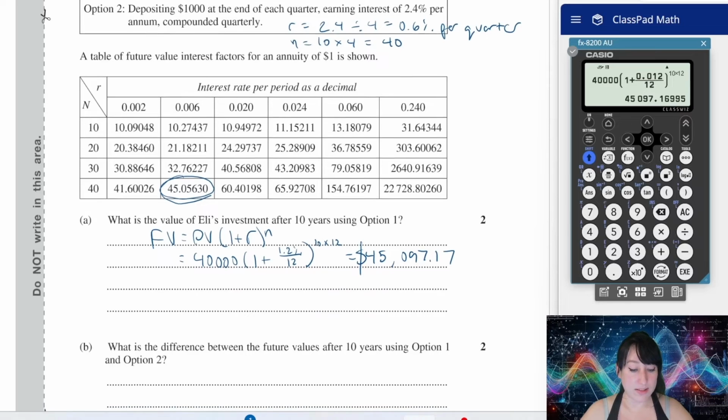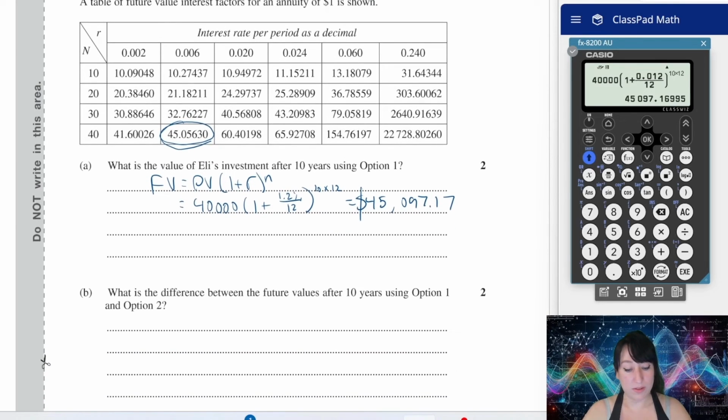And to get the future value of an annuity using a table, future value is the contribution times the number in the table. So in this case, it will be the contribution, $1,000 per period, times 45.05630.